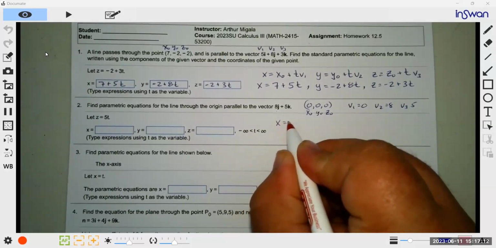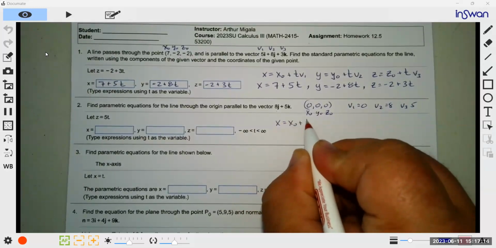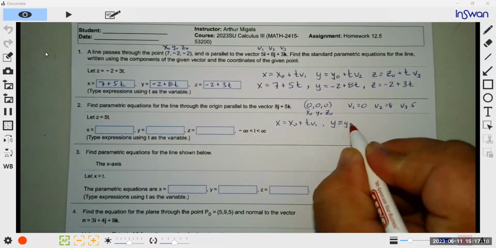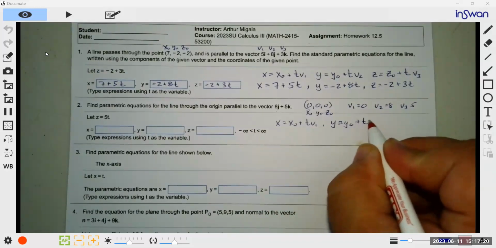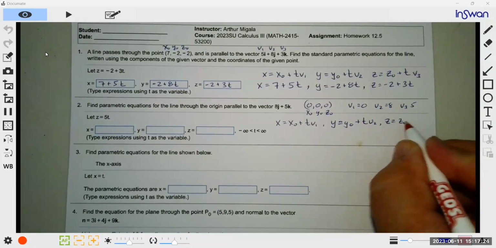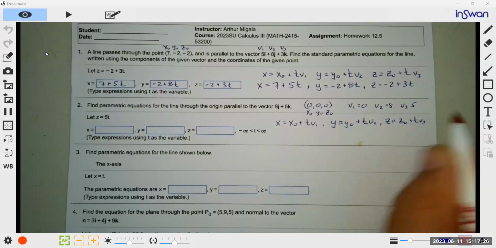So x sub 0 plus t v1, y sub 0 plus t v2, z sub 0 plus t v3.